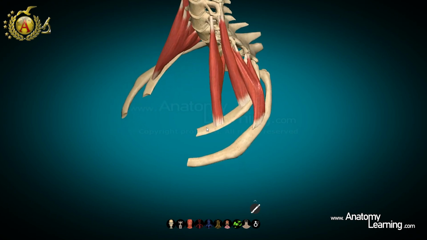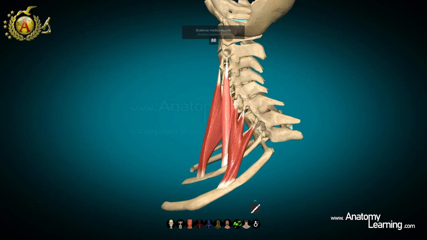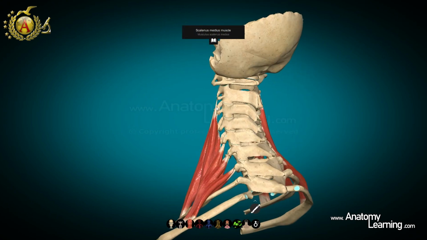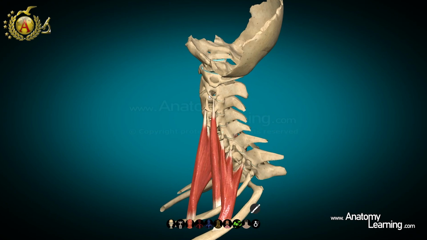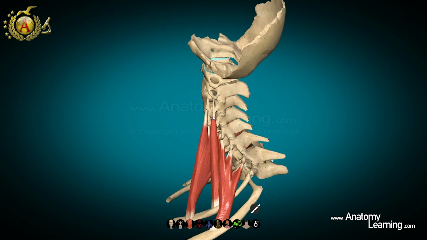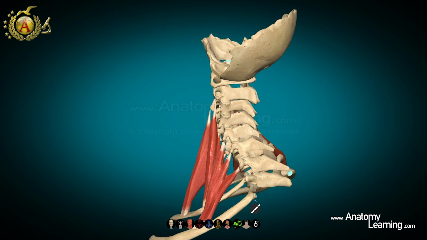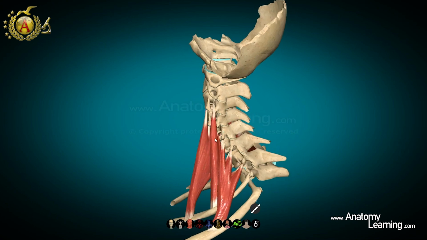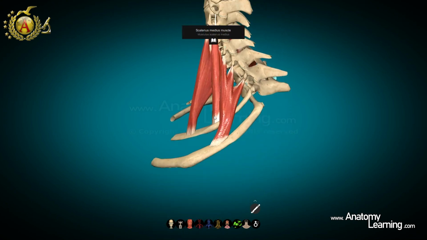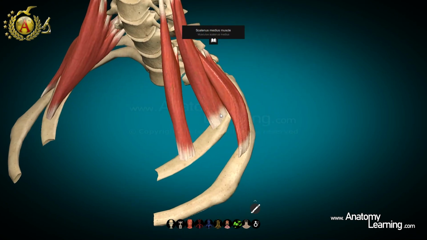The middle scalene, on the other hand, originates from the transverse processes of all the cervical vertebrae except for the atlas, from the posterior lamina of these transverse processes. It always inserts on the first rib, but more laterally, almost at the level of the projection of the middle axillary line.